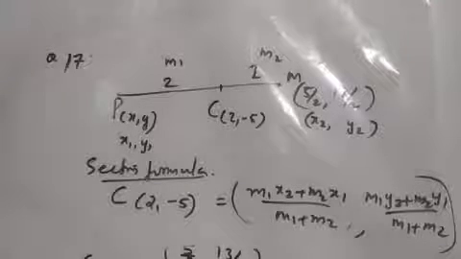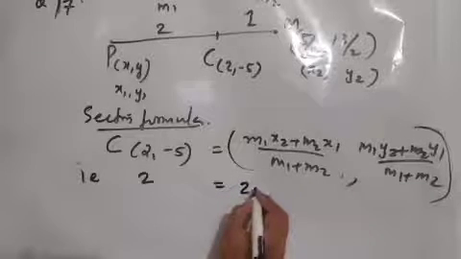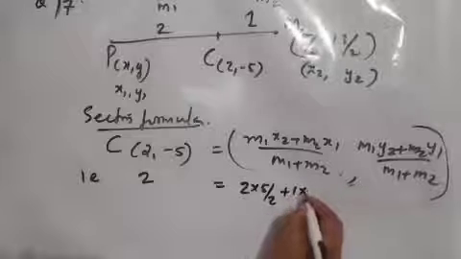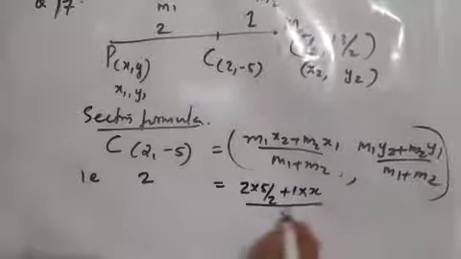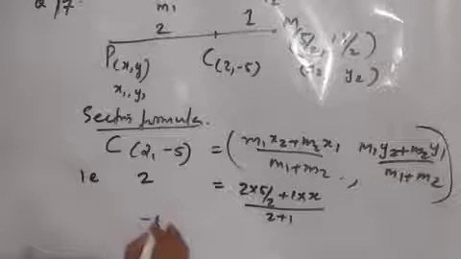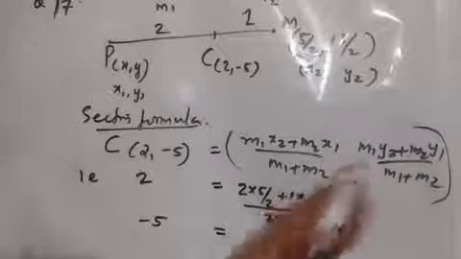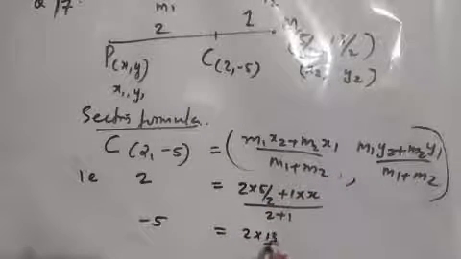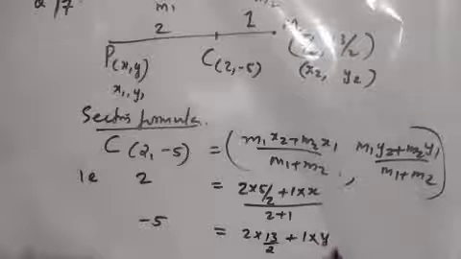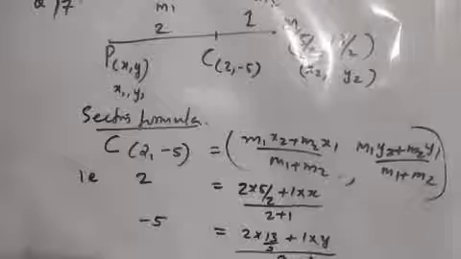Let us calculate that. That is 2 equal, M1 means 2 into x2, that is 2 into 5 by 2, plus M2, 1 into x, by 2 plus 1. Also the y coordinate, that is minus 5 is equal to M1 y2, that is 2 into 13 by 2, plus M2 y1, that is y, divided by M1 plus M2, 2 plus 1.